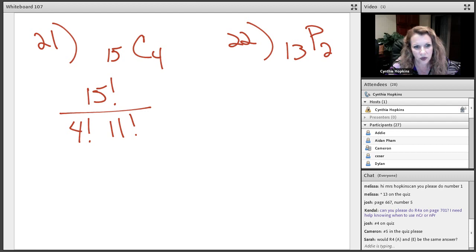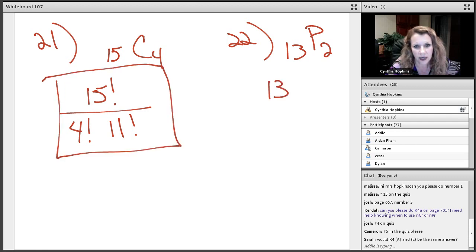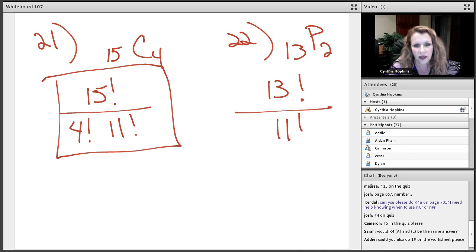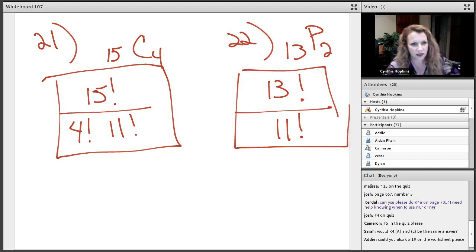So that's your answer for 21. 22 is going to be N factorial, which is 13 factorial, and then just divided by 13 minus 2, or 11 factorial. And that's your answer for number 22. Okay. That was Zoe's question.